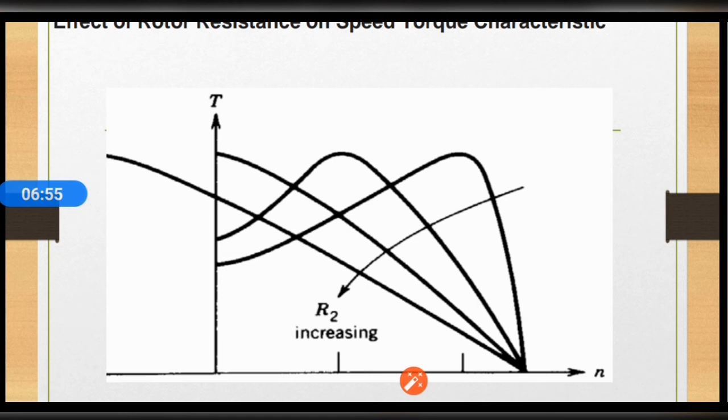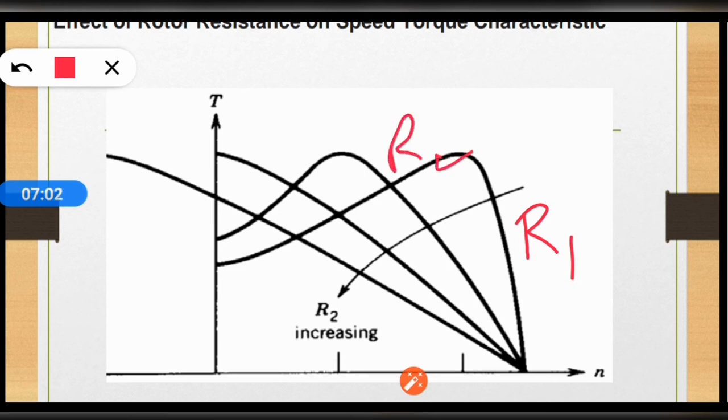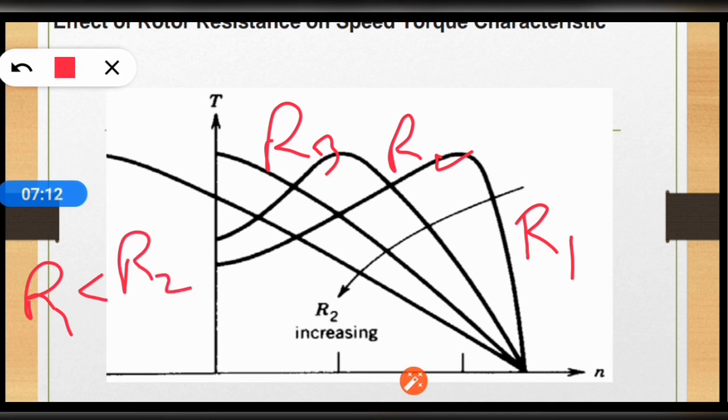By increasing the rotor resistance, let us consider rotor resistance R1, R2 and R3, where R1 is less than R2 is less than R3. We can see that the curve shifts as the resistance value increases, and at some critical value we get the maximum value of torque at starting itself.